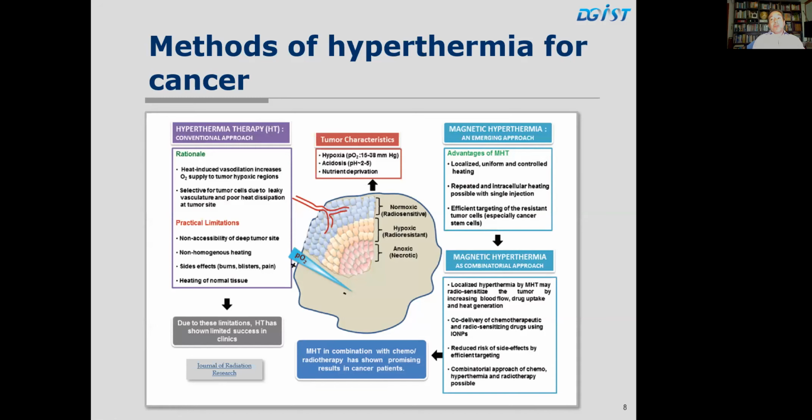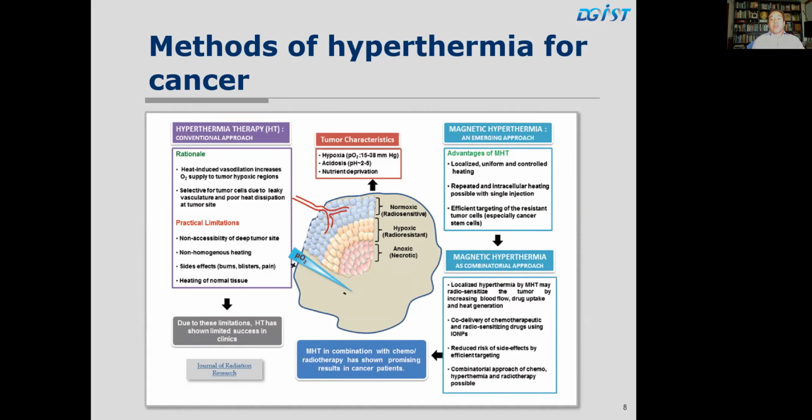So we've used hyperthermia therapy, HT, for cancer to kill cancer cells. The idea is that heat-induced vasodilation increases the oxygen supply, and tumor cells are particularly susceptible to these oxygen radicals because of leaky vasculature.